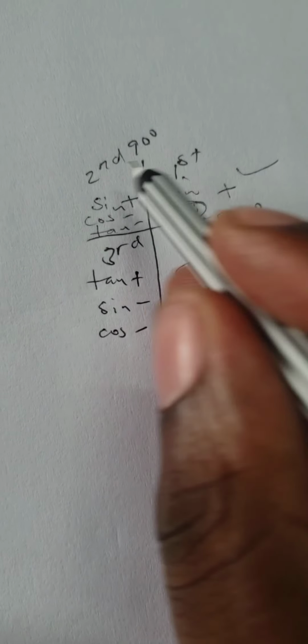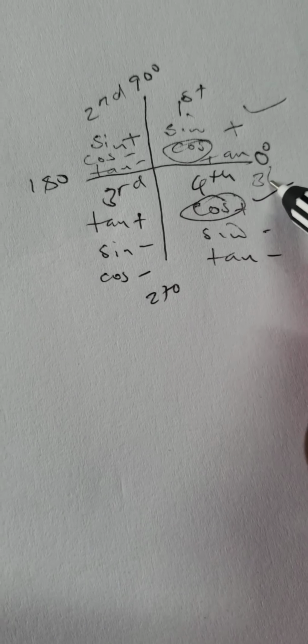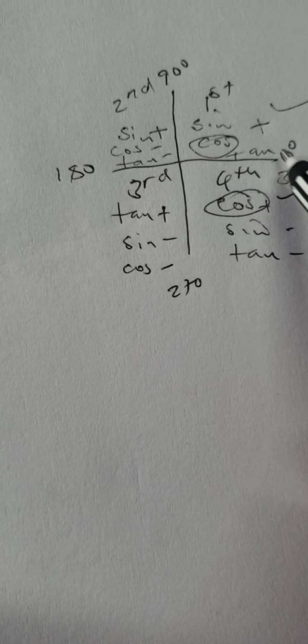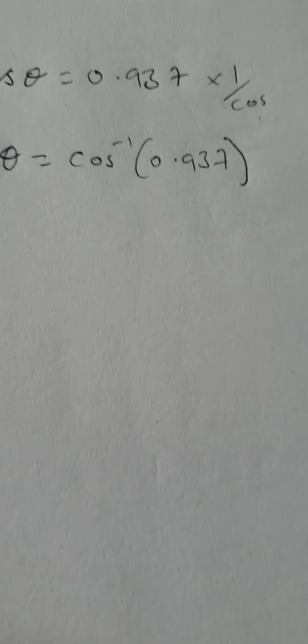Then from 90 we have 180, which is a straight line, then 270, and then 360 as a complete turn. So our answer should be greater than 0 but less than 90, or greater than 270 but less than 360. That's what I mean. So now how do we solve this?